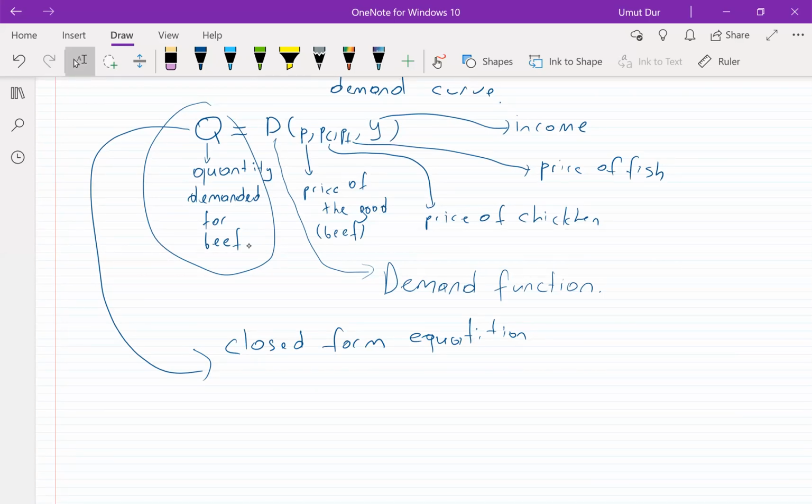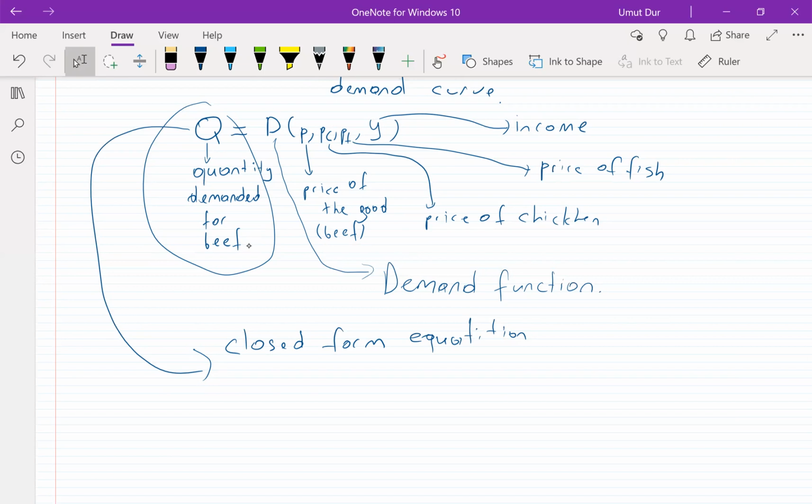What do I mean by the explicit form? Basically, I need to see the coefficients in front of these variables. The variables are here, the prices and the income, and I want to see the coefficients in front of these variables.